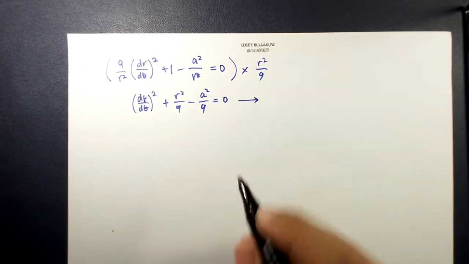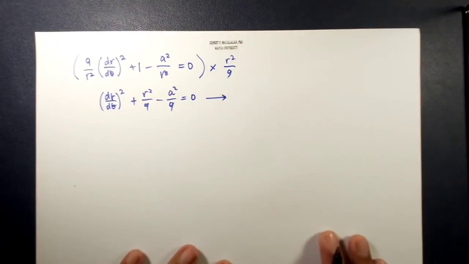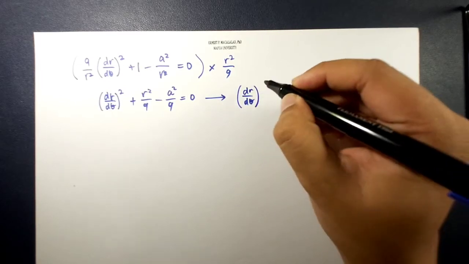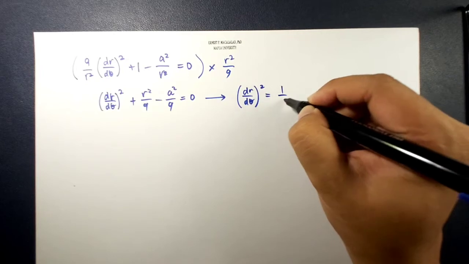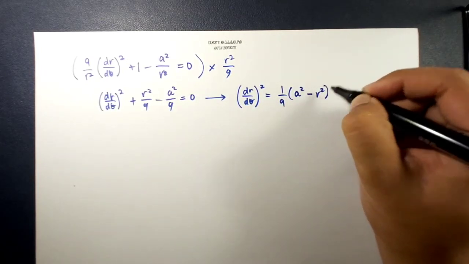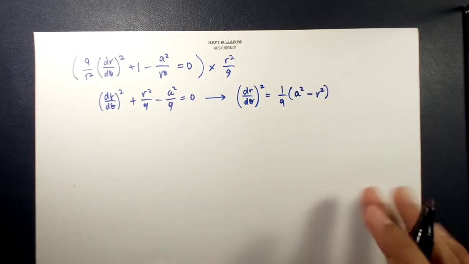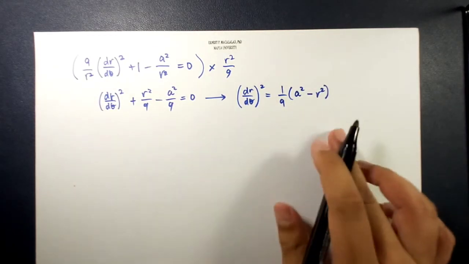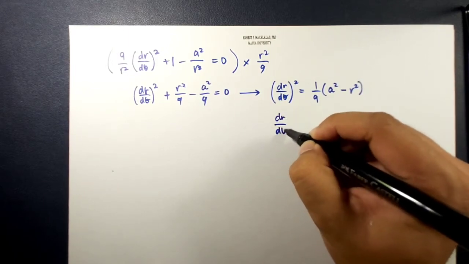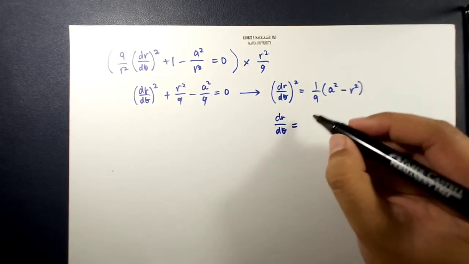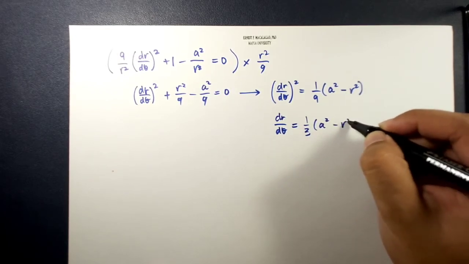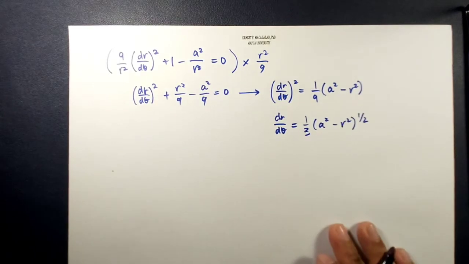So this gives us this equation: the derivative of r with respect to theta squared equals 1 over 9 times a squared minus r squared. So from here, the derivative of r with respect to theta equals 1/3 times a squared minus r squared to the 1/2.